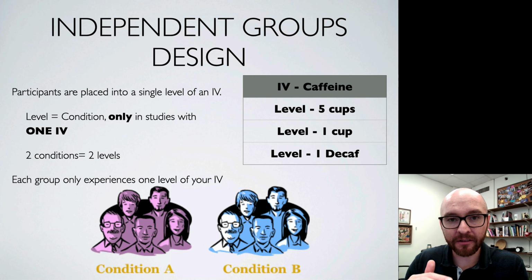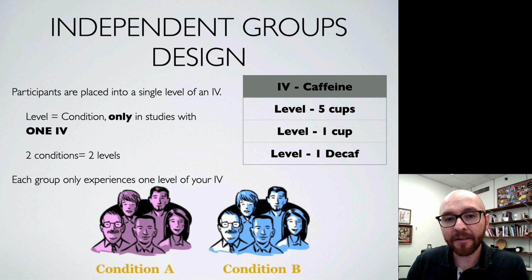Levels are referring to the specific variable, and within that variable, how many variations do you have? How many times of day do you have? Conditions are the situations a participant can participate in within a single experiment. So let's go over this example.